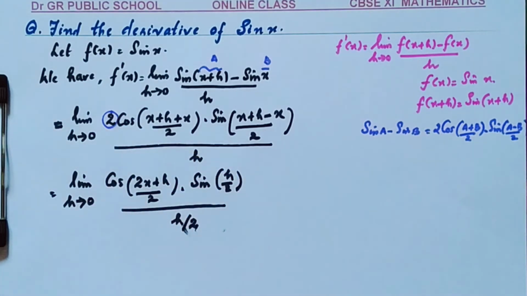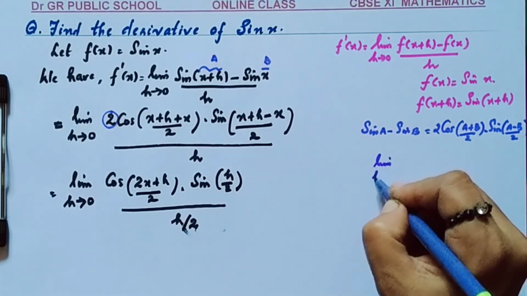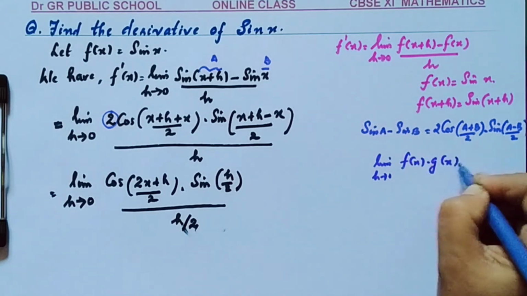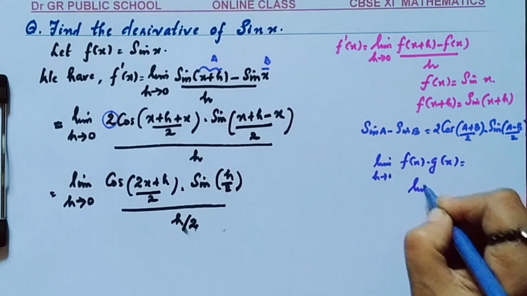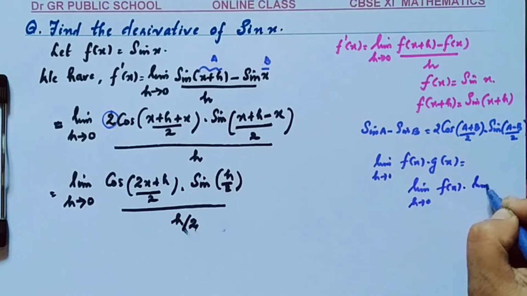This we can arrange using a formula: limit h tends to 0 of f(x) into g(x) can be written as limit h tends to 0 f(x), separating the limit, into limit h tends to 0 g(x). We can give the limit separately.